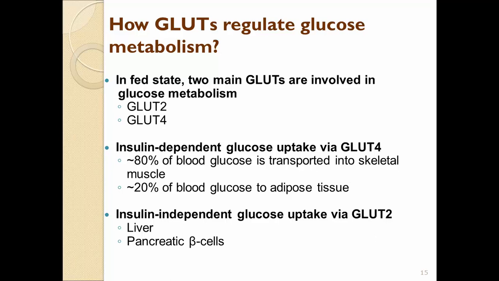Yes. And insulin dependent glucose transport goes through group 4, right?